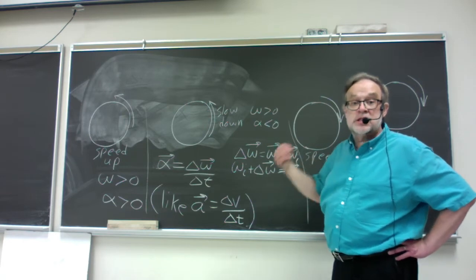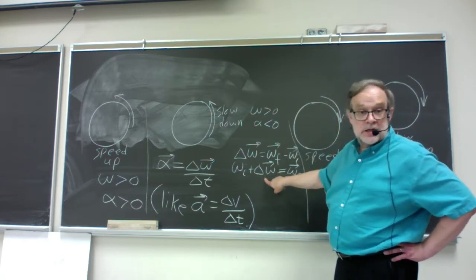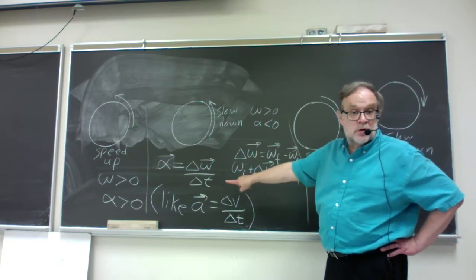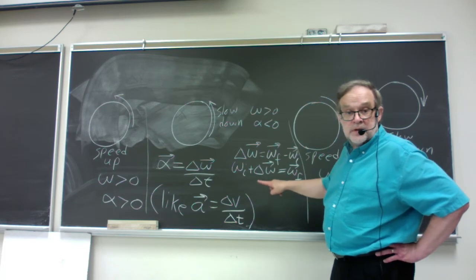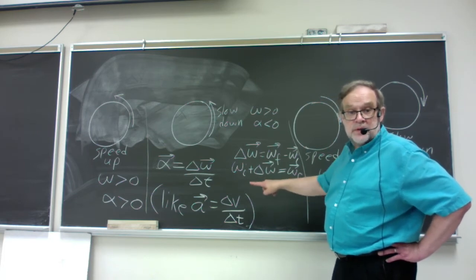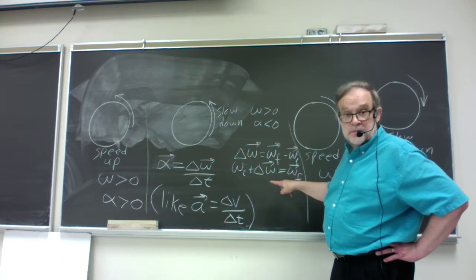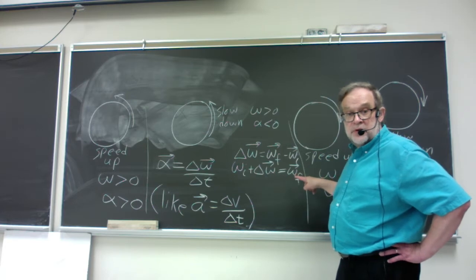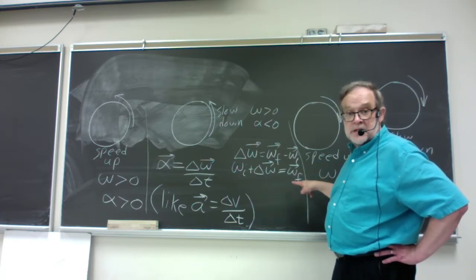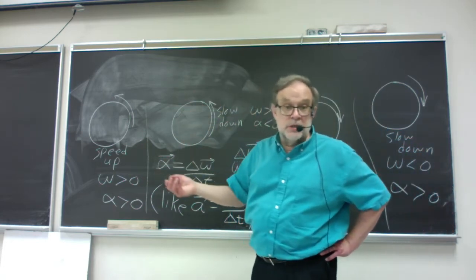Omega final is a smaller amount, which means you had to subtract from the initial angular velocity in order to get the final angular velocity. This is a subtraction. In other words, delta omega is negative. You add a negative number to a positive number, you get a smaller positive number. Less of that positive rotation. In other words, still positive rotation but slowing down.